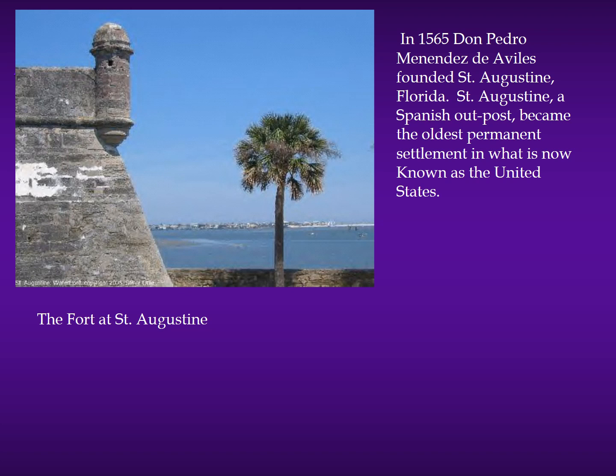This is a look at the fort in St. Augustine, Florida, and this was established by Don Pedro Menendez de Aviles in 1565, and it is the oldest permanent Spanish settlement in North America, and really the most northern legitimate or strong Spanish base on continental North America as well, in Florida.